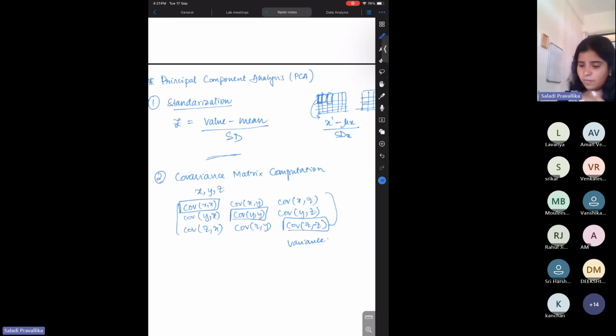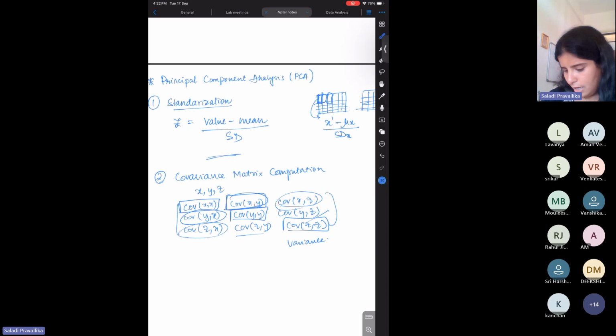And since covariance is commutative, the covariance of x comma y is equal to the covariance of y comma x, and the same goes for the other pairs as well. We have already seen that. So the entries of the covariance matrix are symmetric with respect to the diagonal, which means the upper and the lower portion are equal.